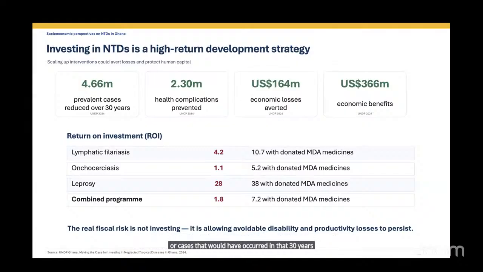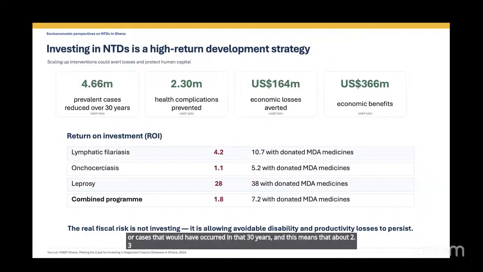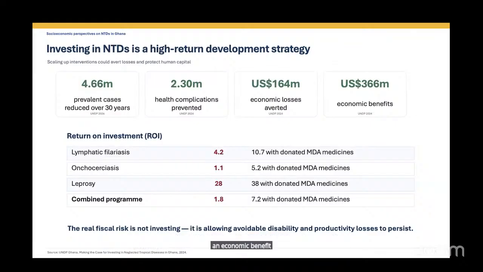And this means that about 2.3 million health complications will also be prevented. Economic losses that would be averted in the next 30 years would amount to about 164 million US dollars. An economic benefit that will accrue to the country was valued to be around 366 million US dollars.